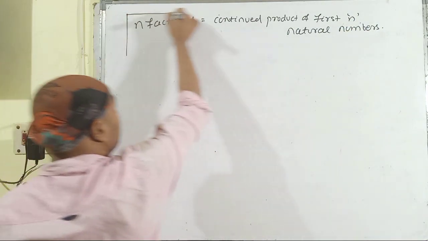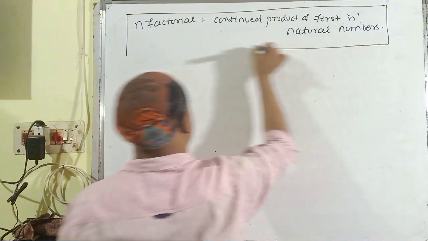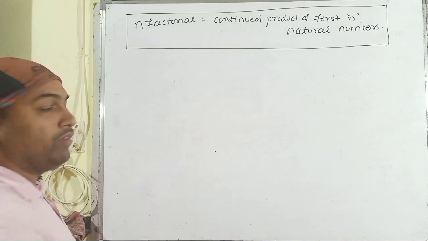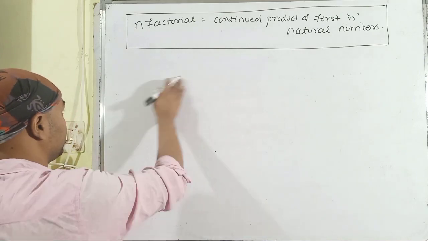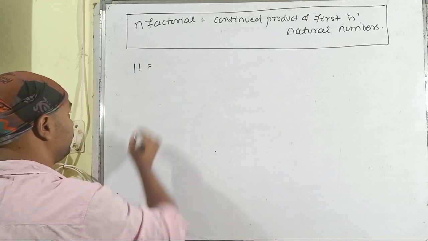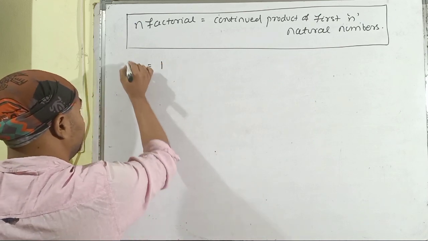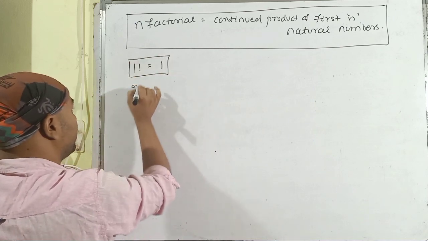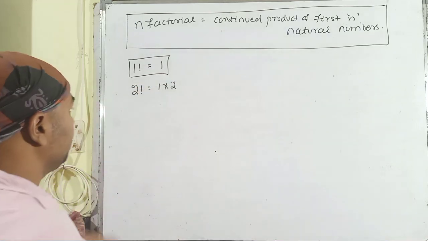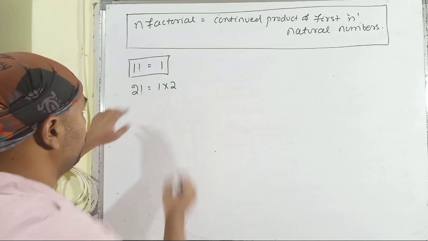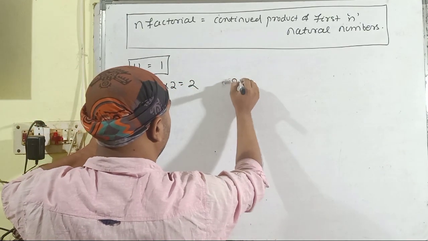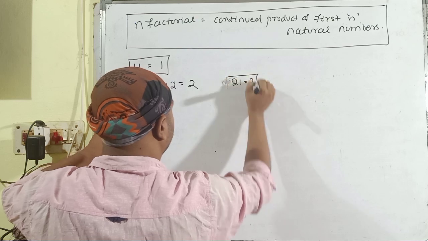So using this fundamental, we have to find the factorials of some numbers. 1 factorial is equal to 1. 2 factorial is equal to the multiplication of first n, that means from 1 up to 2, that is 2. So 2 factorial is equal to 2.